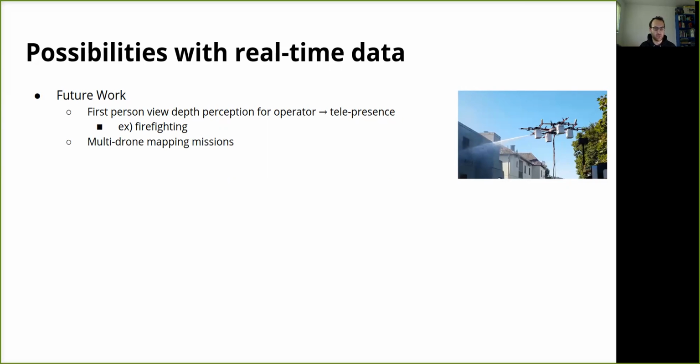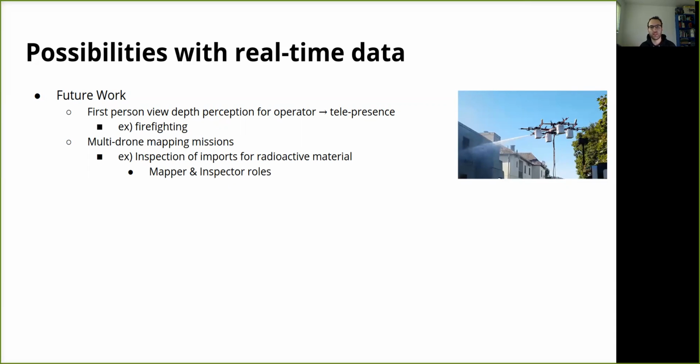We're also thinking about multi-drone mapping missions. For example, we can inspect imports coming in by ship. We can inspect them for radioactive material, for example. And we'll have multiple drones acting in different roles. Some will be mapping the environment.